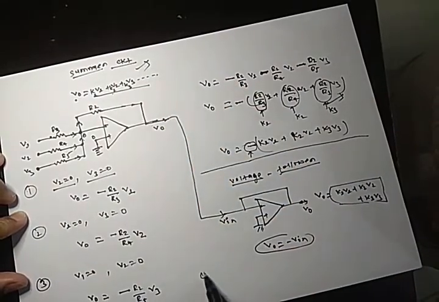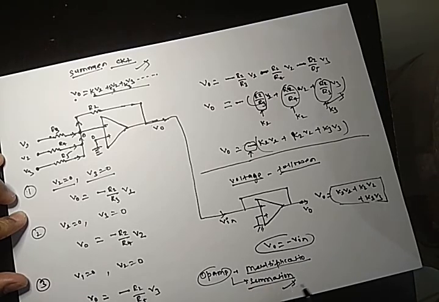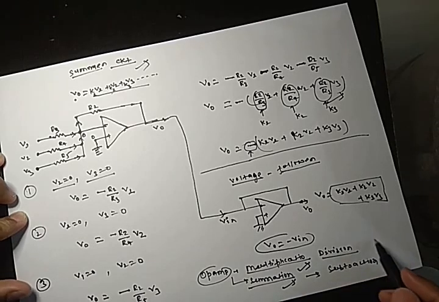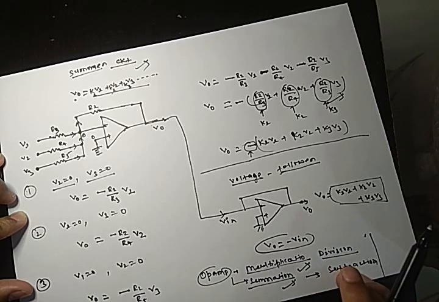Now with the help of op-amp, we have learned multiplication and summation. This is the most important. If we learn summation and multiplication, then we can easily do subtraction and division. So at this point we are stopping this topic. Next we will start with a different circuit.